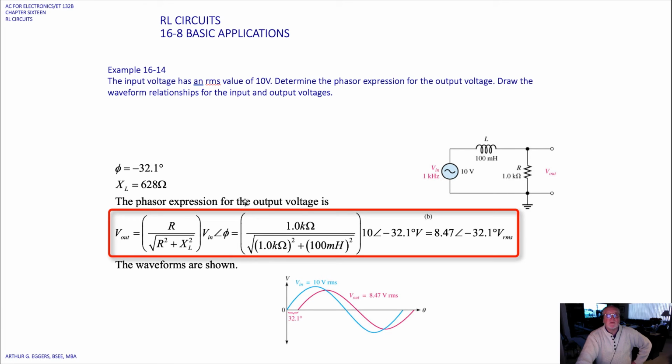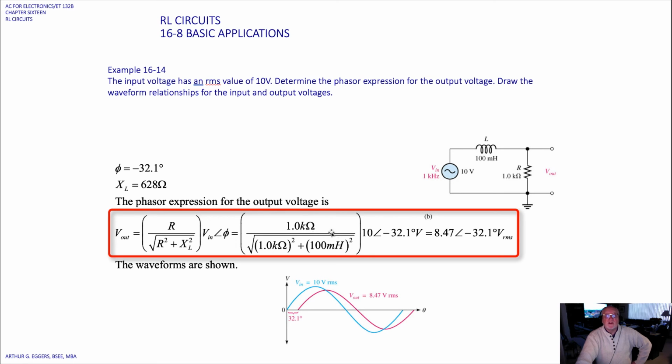The phasor expression for the output voltage then is V out equal to, again, that form that we learned in DC, R divided by the vector sum, in this case of R squared plus X sub L squared, times V in, and its phase angle.